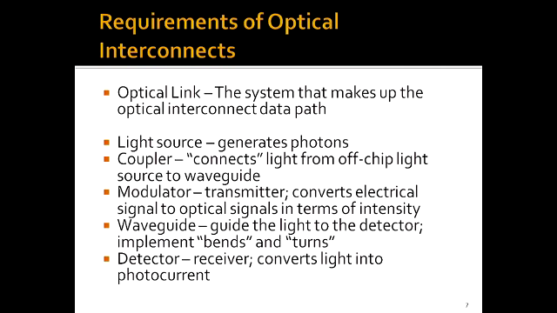And from there, the light goes to a waveguide that acts literally as a guide for the wave, or if the wave is not straight and it needs to go a different route, it acts as a mode of transmission. And then from there it goes to the detector, which is the receiver in the whole system, and converts that light into a photocurrent that can then be used how it needs to be.